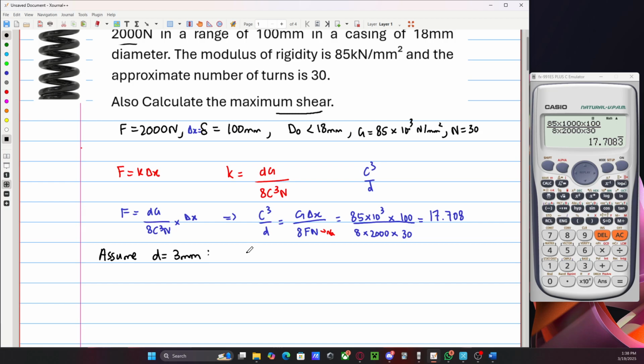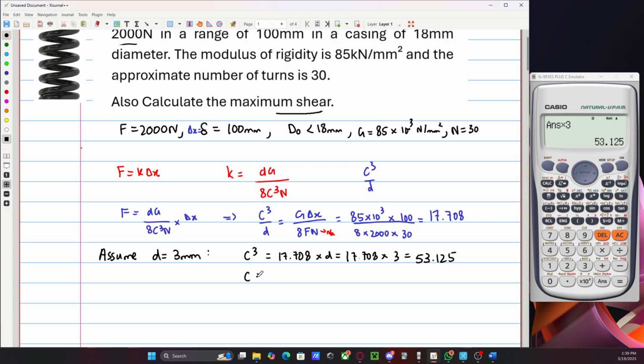Now, what will this mean? This will mean that our C cubed over d will be equal to 17.708 multiplied by d, which is 17.708 multiplied by 3, which gives us 53.125.